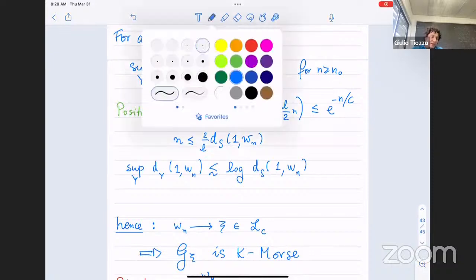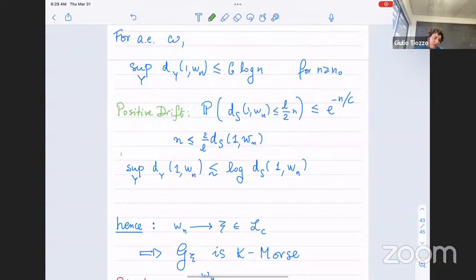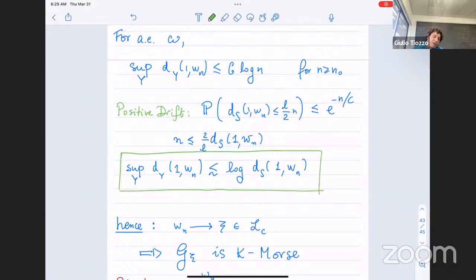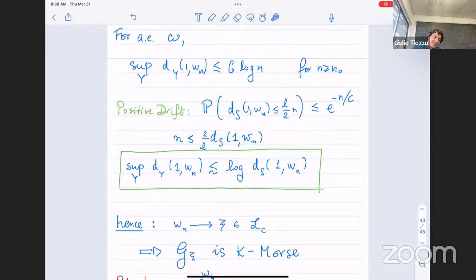If our limiting geodesic has the property that the excursions in every other subsurface are logarithmically bounded by the progress in the main subsurface, then this would immediately imply that this geodesic will converge to some point in this logarithmically bounded cloud.